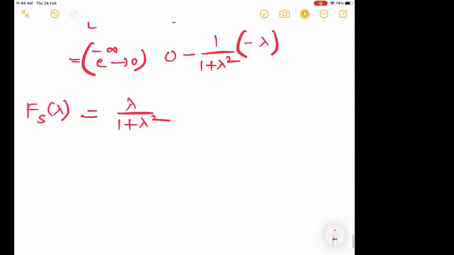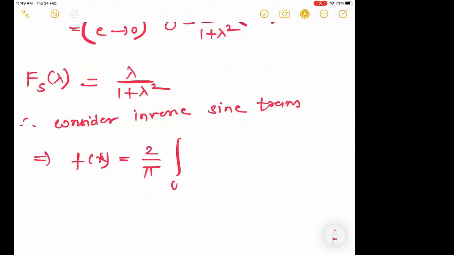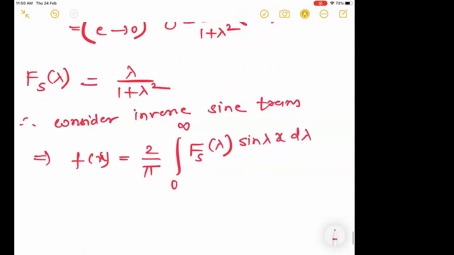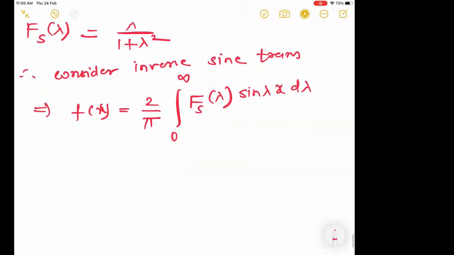That means f(x), original function, f(x) is equal to 2 upon pi integral 0 to infinity, this fs lambda, you have to put it here, multiplied by sin lambda x d lambda. Please write variables correctly. Now your integration is with respect to lambda because you want the answer in terms of x after putting the limits and all. So this is therefore f(x).